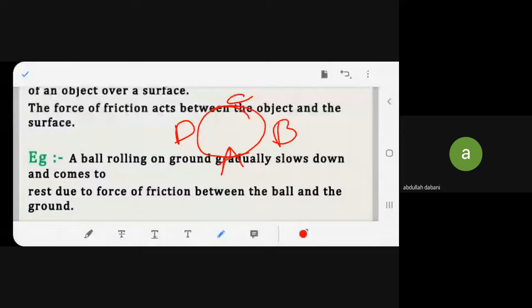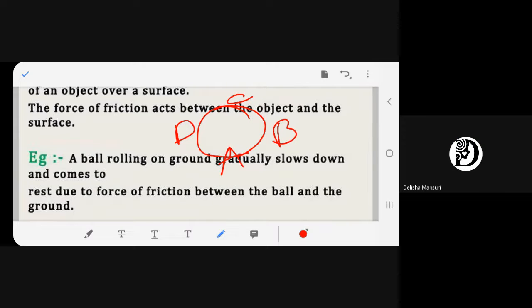No. So when we generally say the whole ball has friction with the ground, which part of the ball is actually in contact with the earth? Not all the surface of the ball. If we go very deeply, but when the ball is moving very fast, we take the whole ball to have friction with the ground. You got my point?